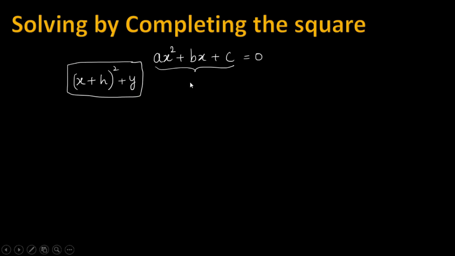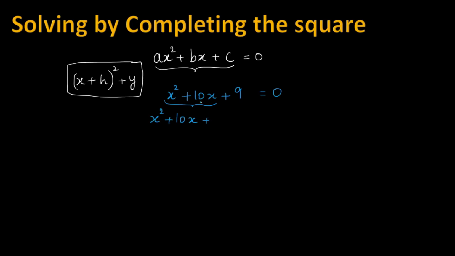Now let's take an example of x squared plus 10x plus 9 equals 0. Now, there are some steps you have to follow. First, take these two terms. So this is x squared plus 10x.